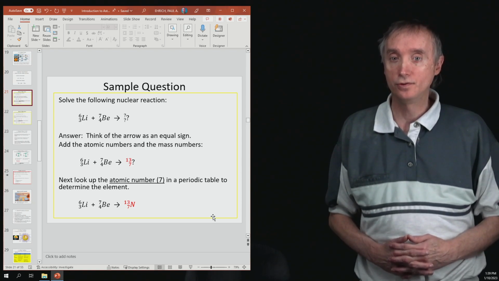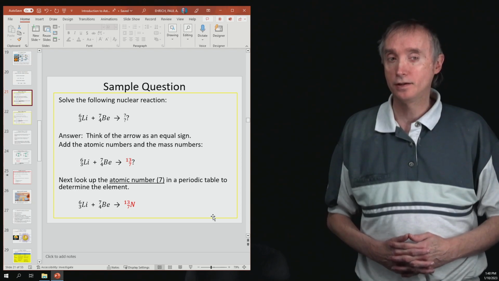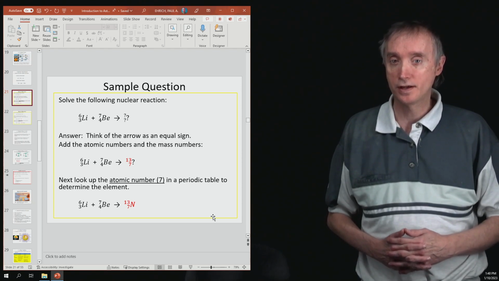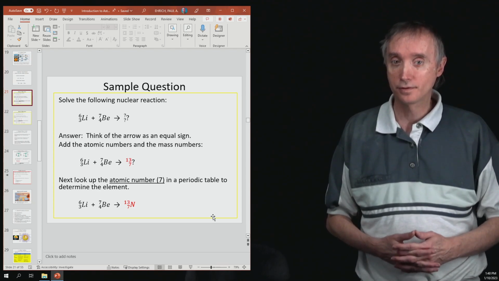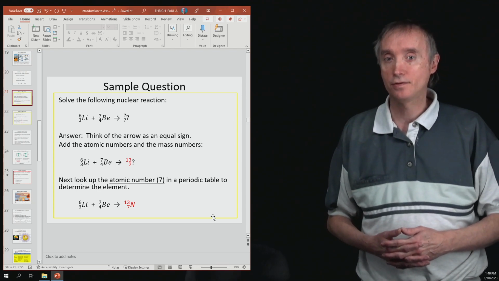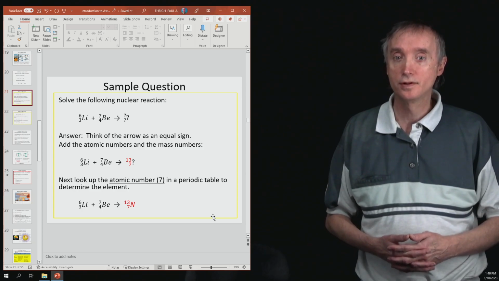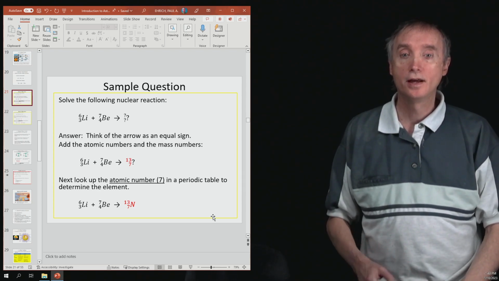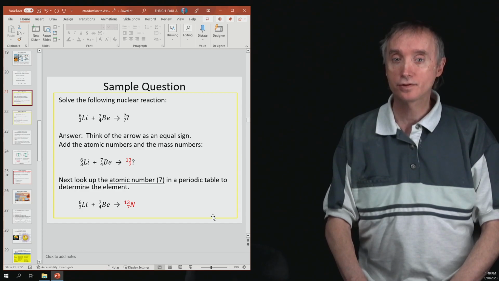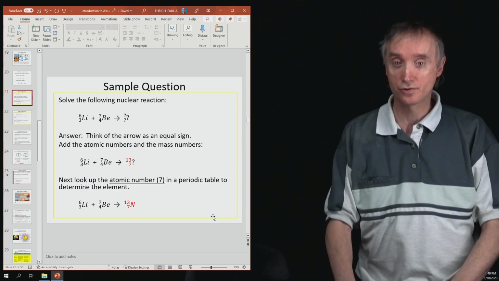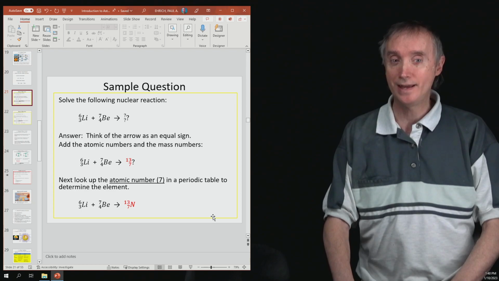We're going to think of the arrow as being an equal sign, and we're going to take 6 plus 7 equals 13, and we're going to take 3 plus 4 equals 7. Now we need to get out our periodic table, and we're going to look up the number 7, and that's going to be nitrogen, so we're going to put down an N for nitrogen.